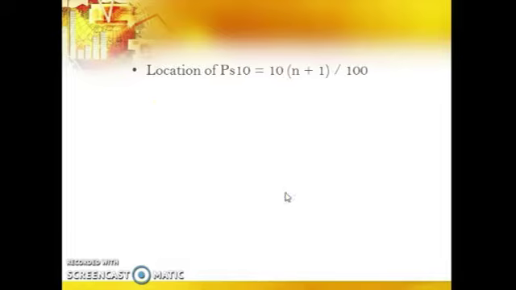First, we will seek the location of PS10. With i equal to 10 and the amount of data 10, we get the location of percentile 10 is 1.1.